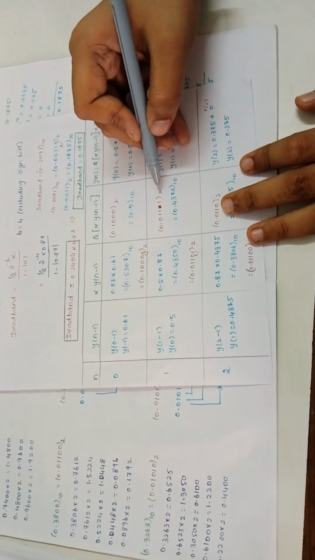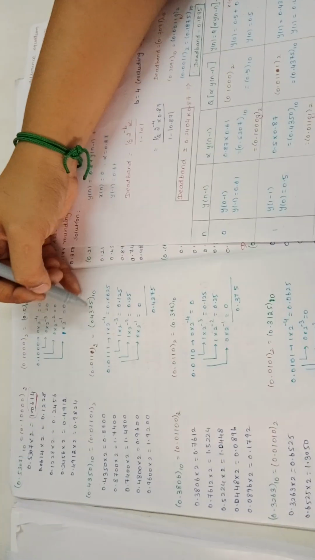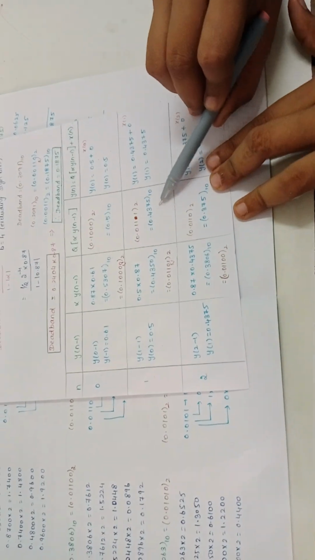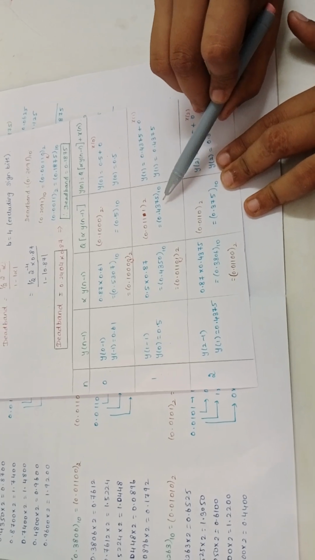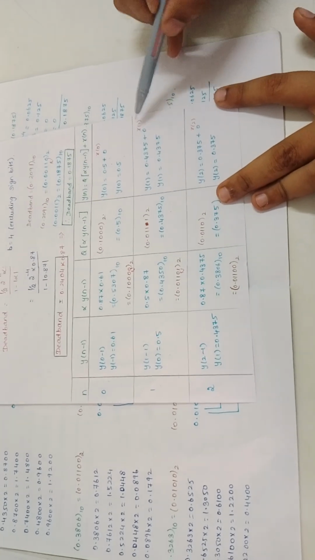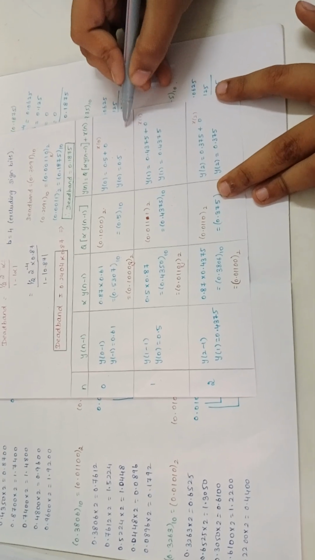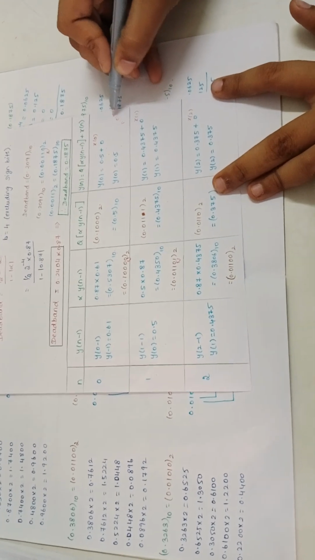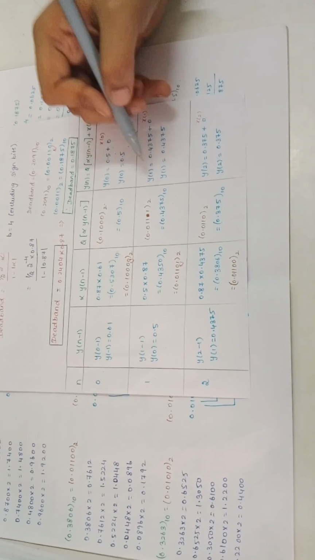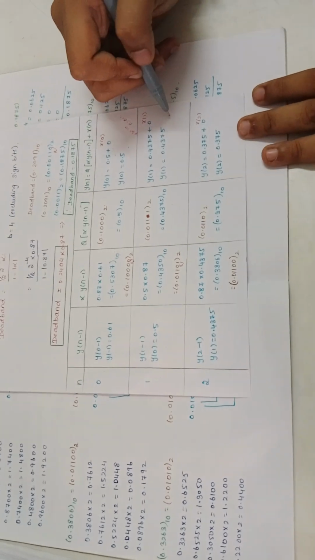Converting this binary into decimal, we get 0.4375. This is the quantization of alpha into y of n minus 1. In the final step we substitute it. For all n values x of n is 0, so here also it is 0. So y of 1 equal to 0.4375.